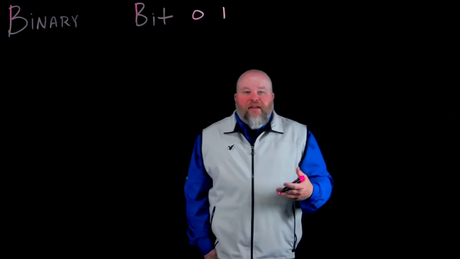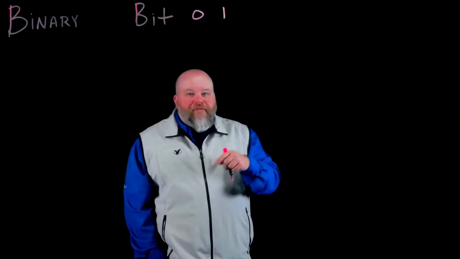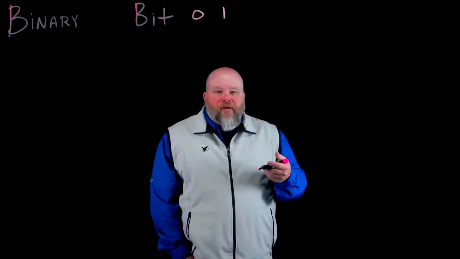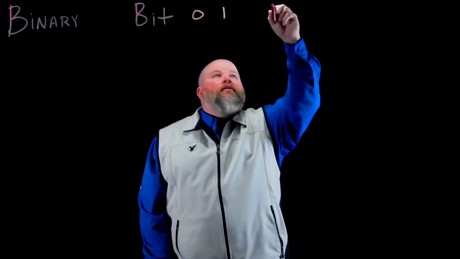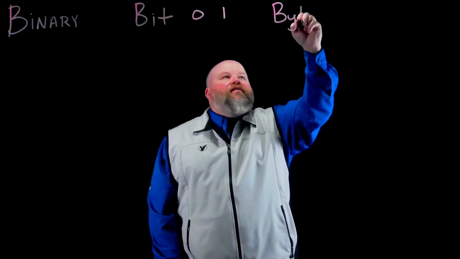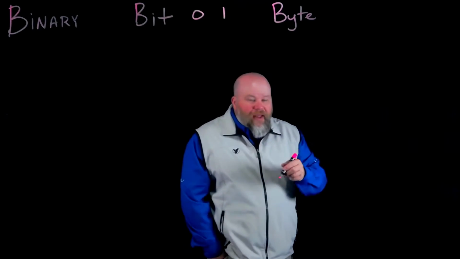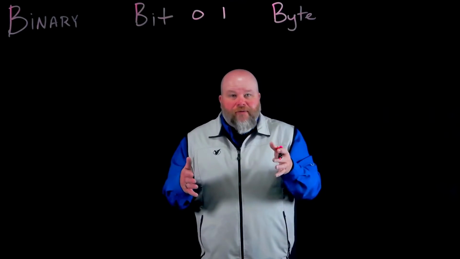So within each bit, you have two possible values, 0 or 1, off or on. Now, in computers, we lump bits into groups of 8, and we call those bytes. A byte is 8 of these bit values put together.